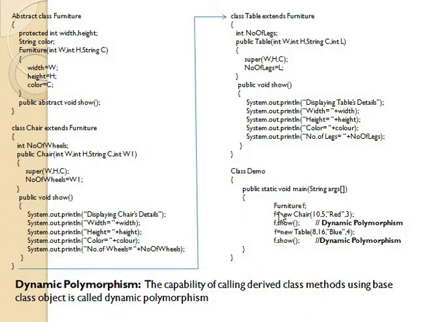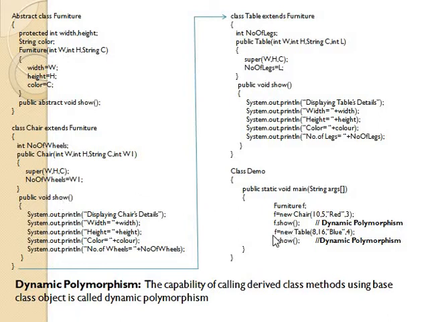It is clear from here that the object f has been created from the base class furniture. So this object f is the base class object, and with its help, it is invoking or calling the derived class method show.